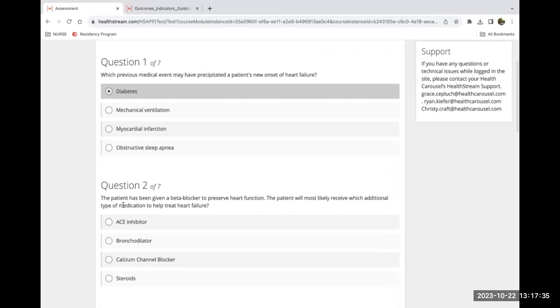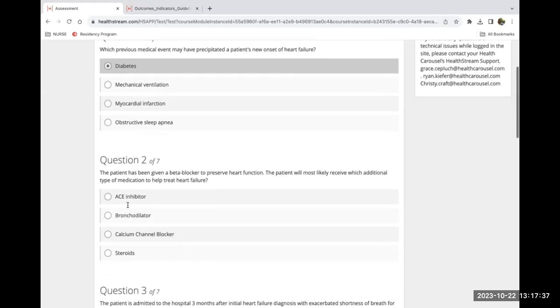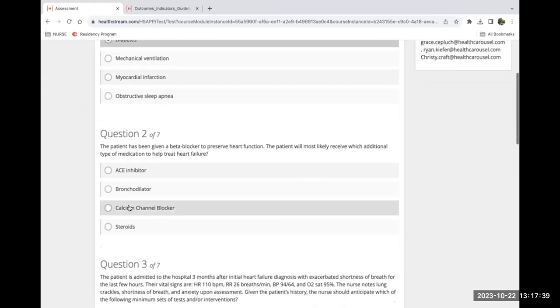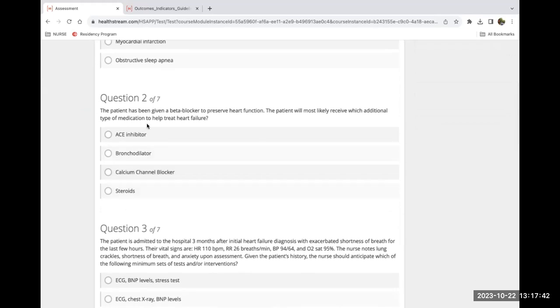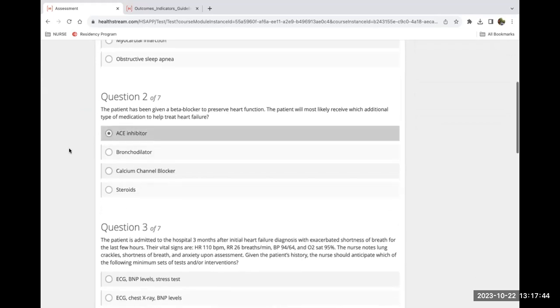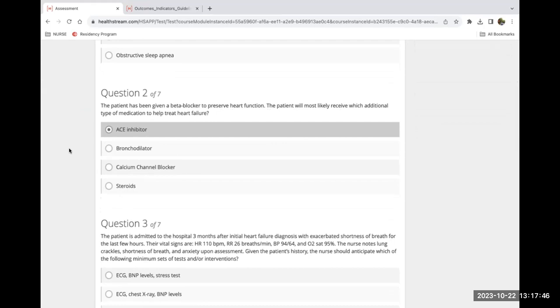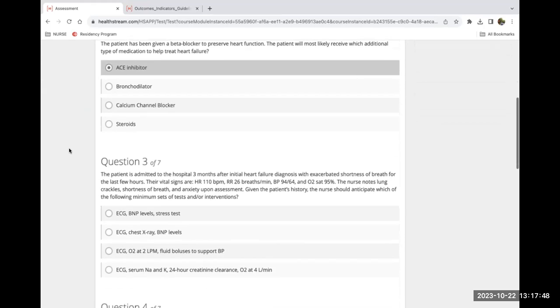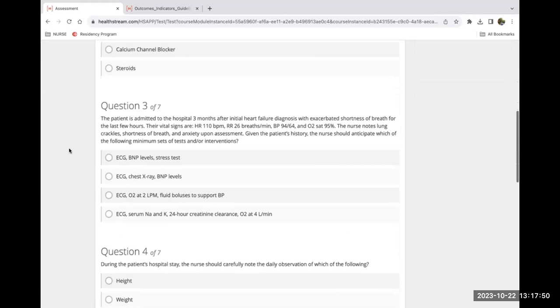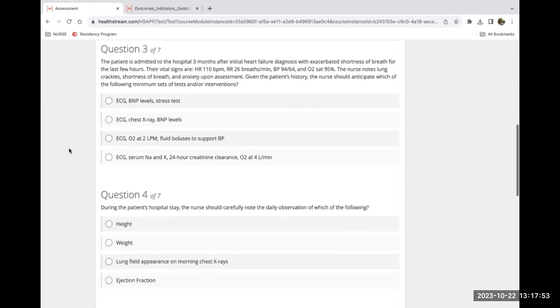Diabetes. The patient has been given a beta blocker to preserve heart function. The patient will most likely receive which additional type of medication to help treat heart failure? ACE inhibitor.